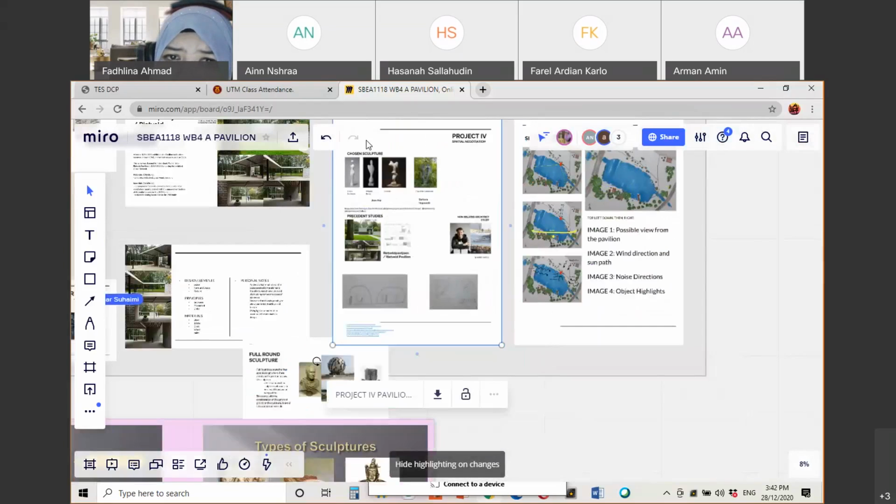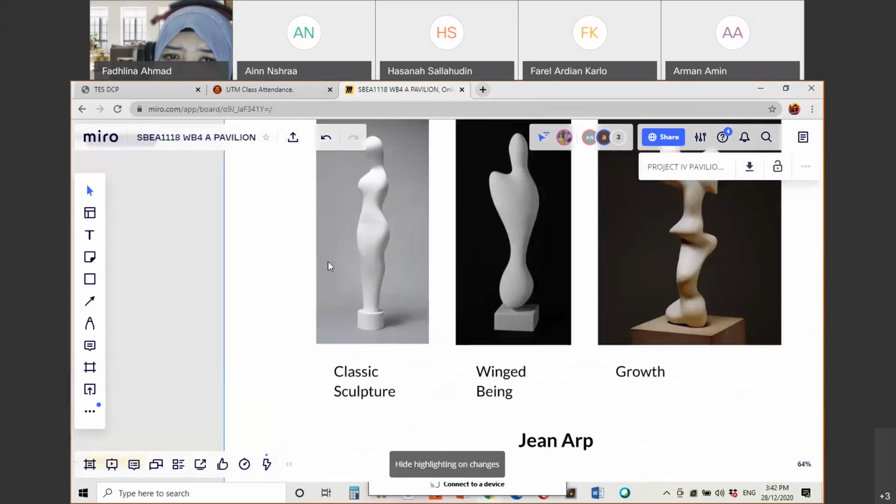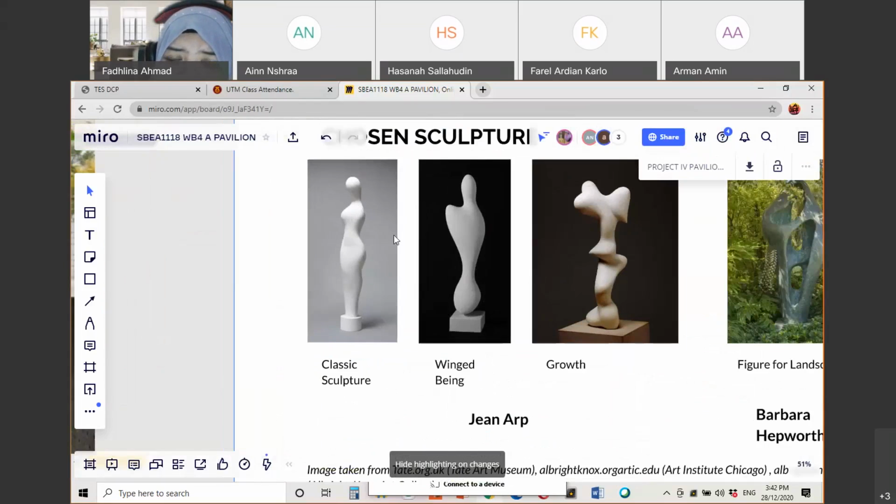For instance, this one is a human figure sculpture. Can you see how, if they put the sculpture the same all over, what happens? It is boring, right? That's why it has all these edges, all these angles different from each other.